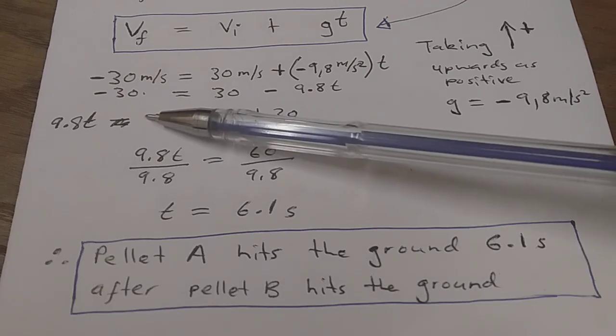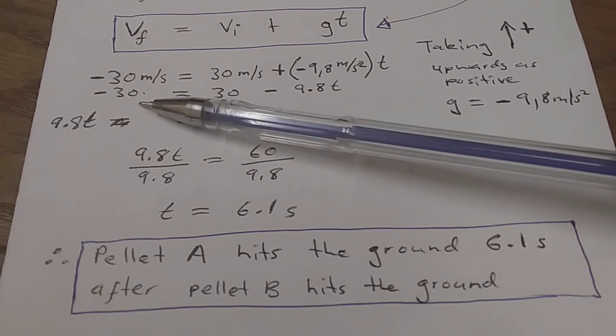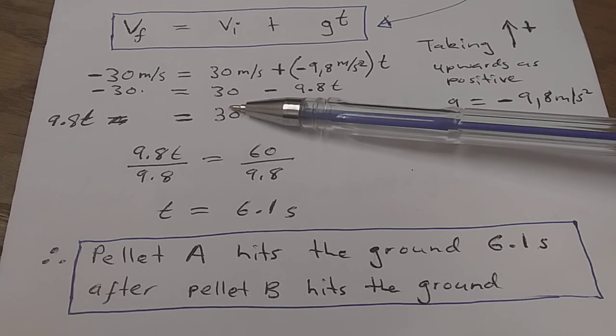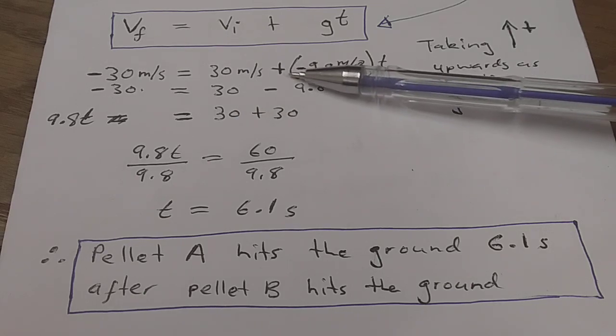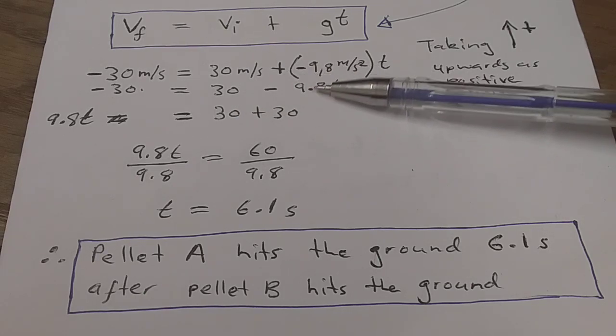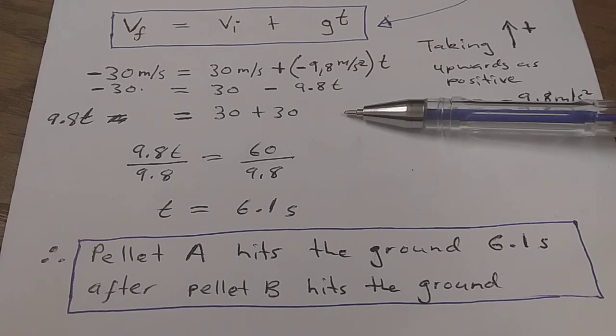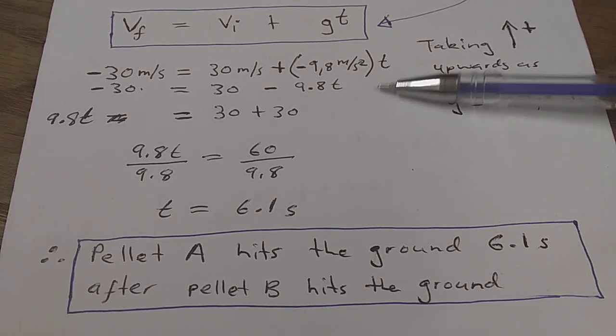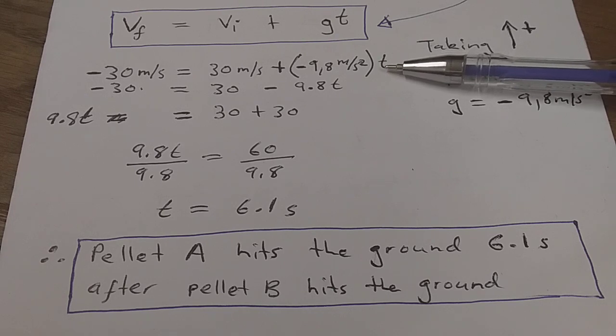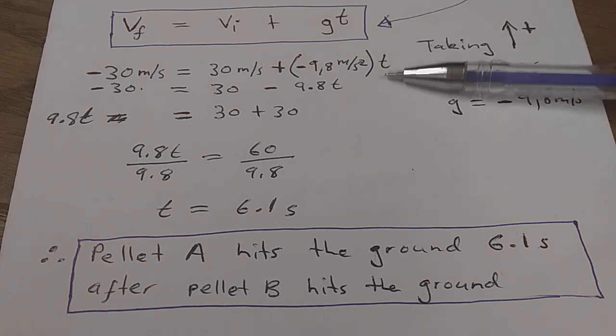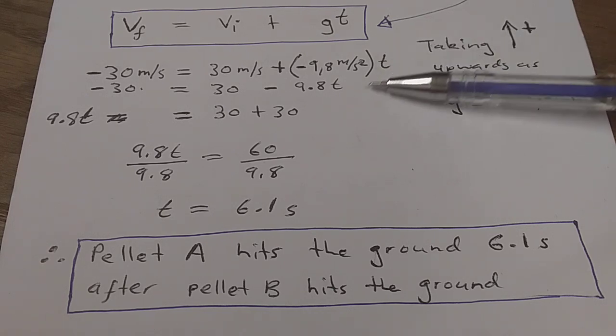So we simplify the equation. Negative 30 is equal to 30 minus 9.8 meters per second squared multiplied by time, since a negative times a positive gives a negative. We are going to solve for time.